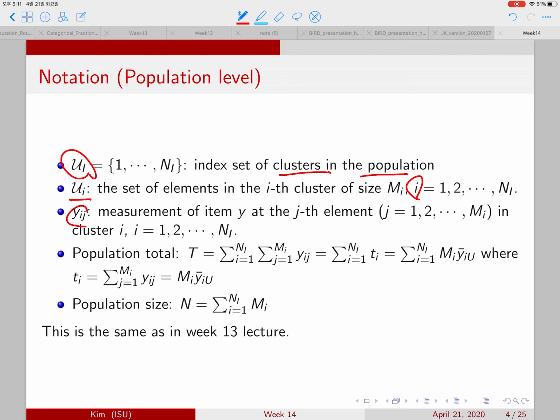We observe the y values y_ij for element j in cluster I, and M_i is the cluster size for cluster I. In total, we can write it as a sum of the cluster totals.